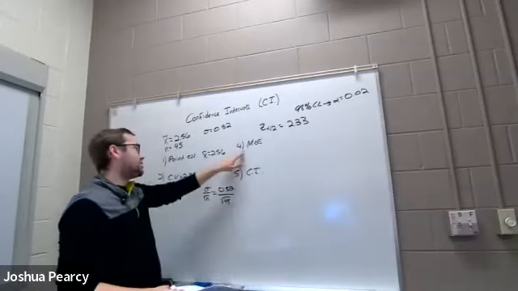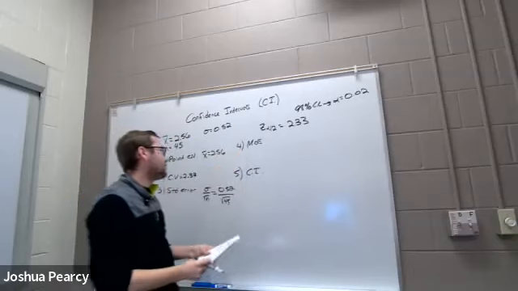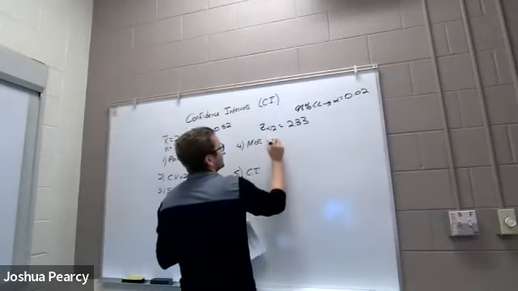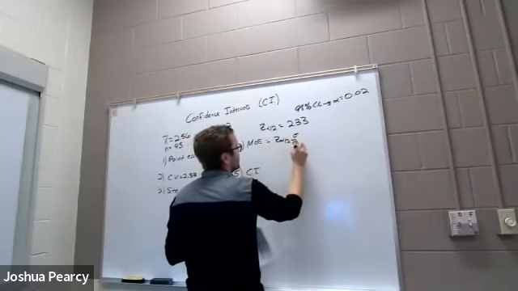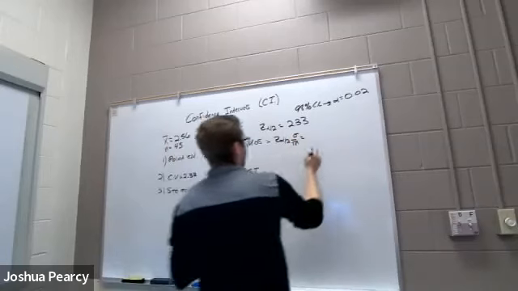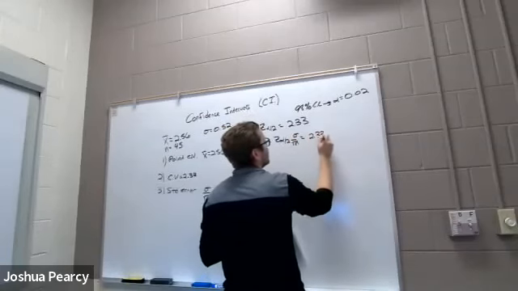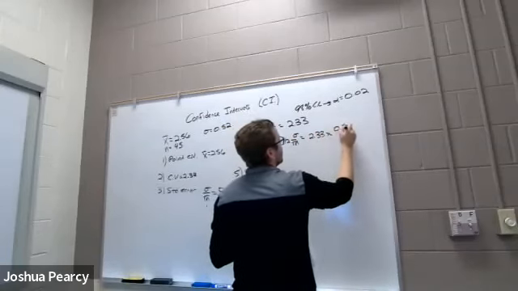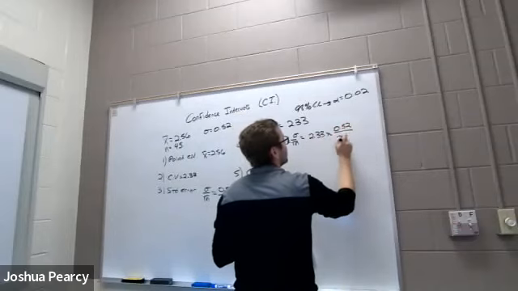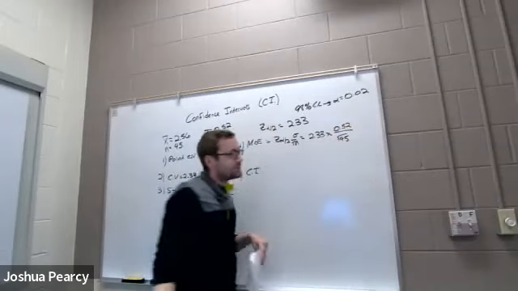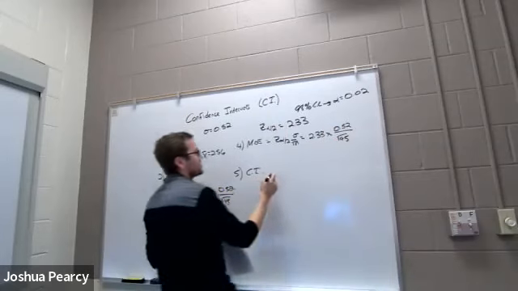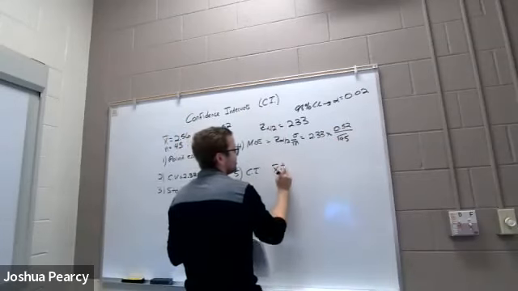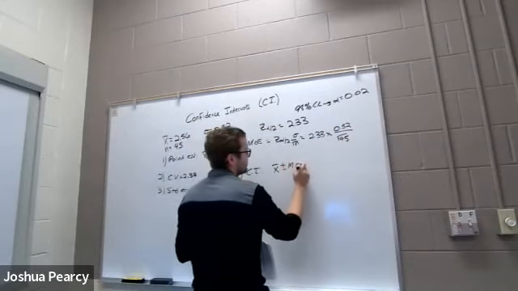Then you can find the margin of error by taking the critical value and multiplying it by the standard error. So this is z alpha over 2 times sigma over the square root of n. So that would be 2.33 times 0.52 over the square root of 45. And then you use the idea, you have the point estimate plus or minus the margin of error. So that would be x bar plus or minus the margin of error.